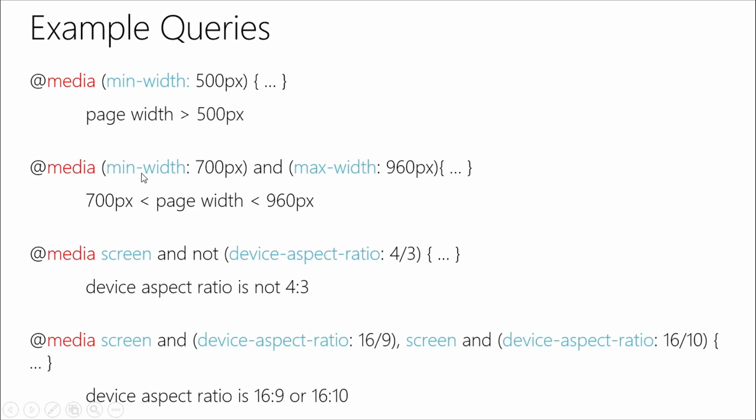The next is what I just talked about, when you set a min width and a max width. So basically, if the page width is now between 700 pixels and 960 pixels, what should you do? Mm-hmm. And I guess this is a good point to say, I mostly use min width because that is overwhelmingly the best indicator of sort of someone's screen size.